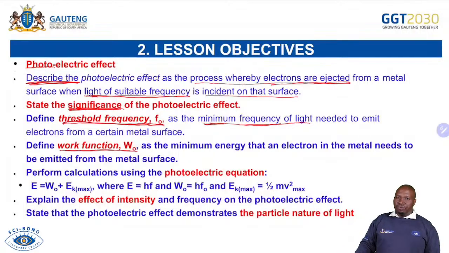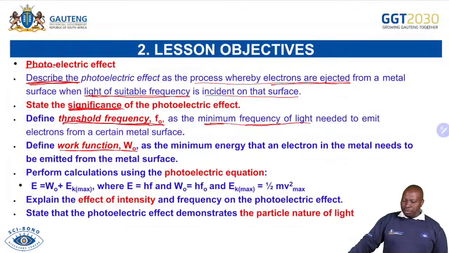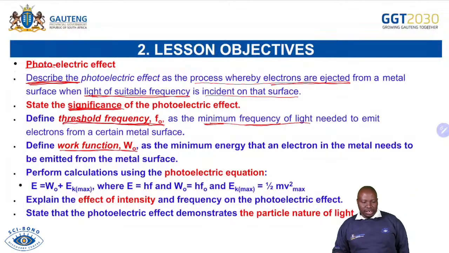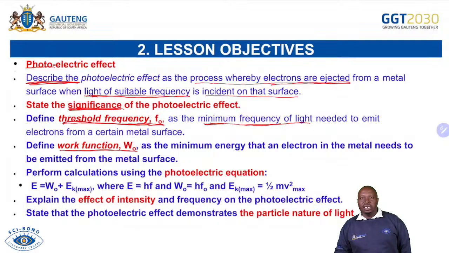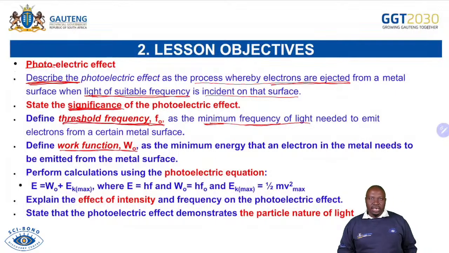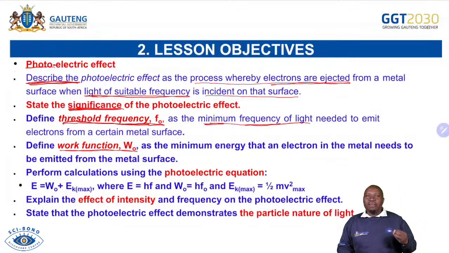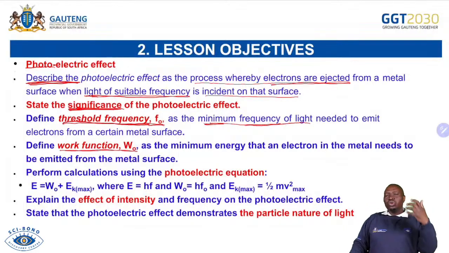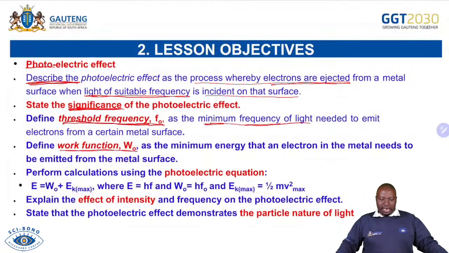So work function is the energy needed by the electron in order for it to be removed. It's not all energies that are going to remove the electron from the metal surface.